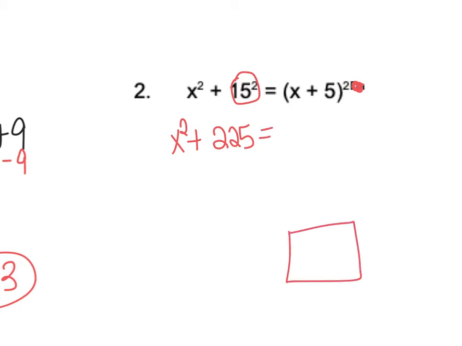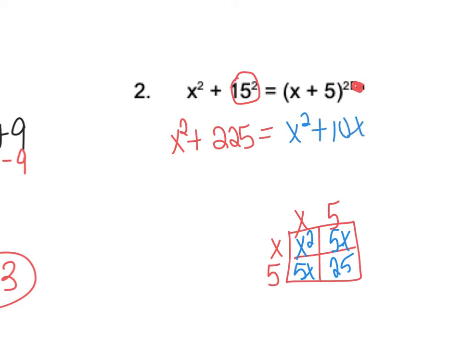I'll box method this one, so we have an example of each. I have x plus 5 on one side and x plus 5 on the other. So I end up with x squared, 5x, 5x, and 25, which is x squared plus 10x plus 25.